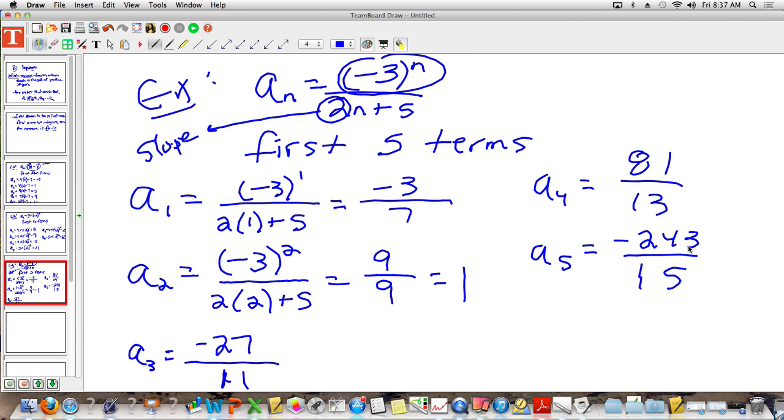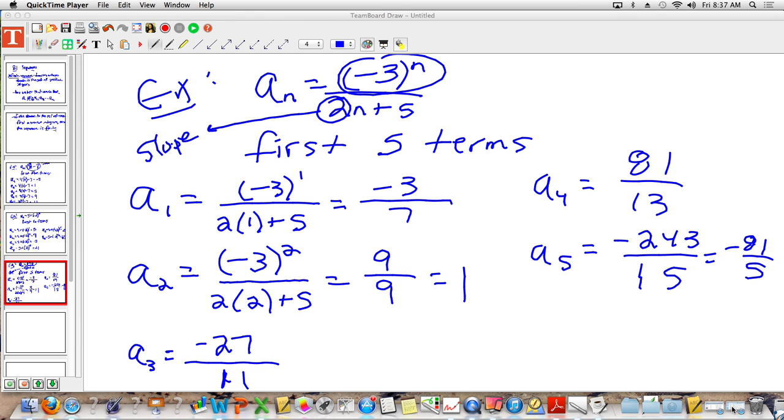If you divide by 3, it's negative 81 fifths. All right, so be watching for things like that. I don't think any of the other ones that have shown up so far were reducible, except for 9 over 9, which is obviously equal to 1. So that's what you need to do today. Not so bad, huh?